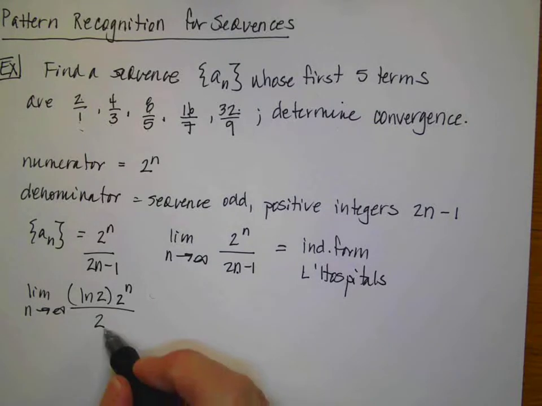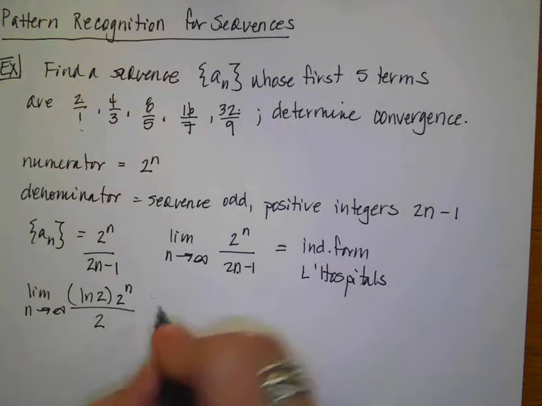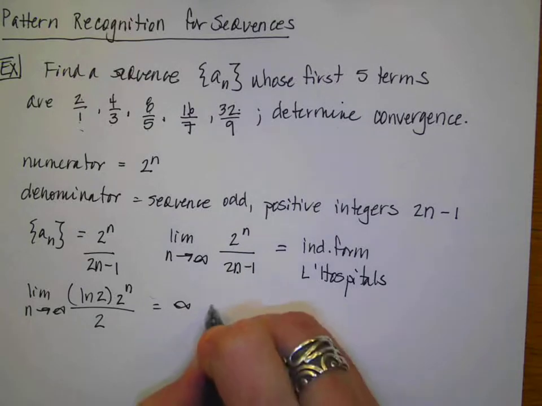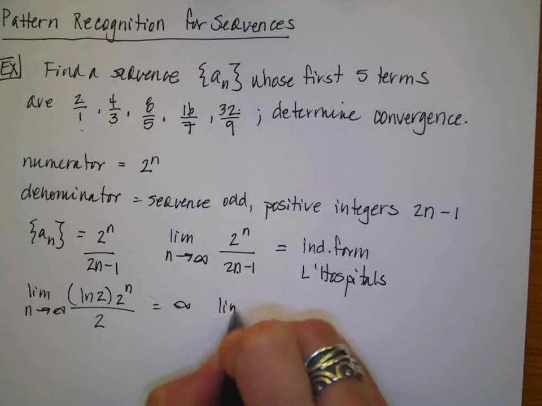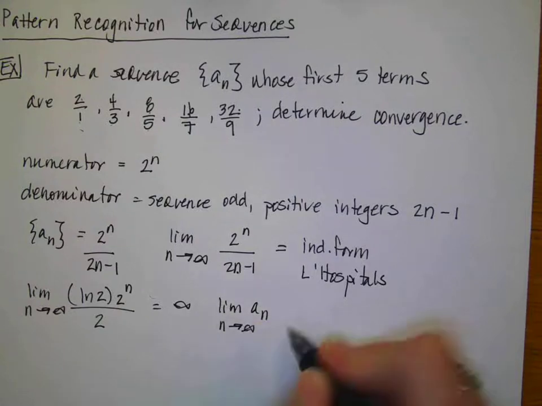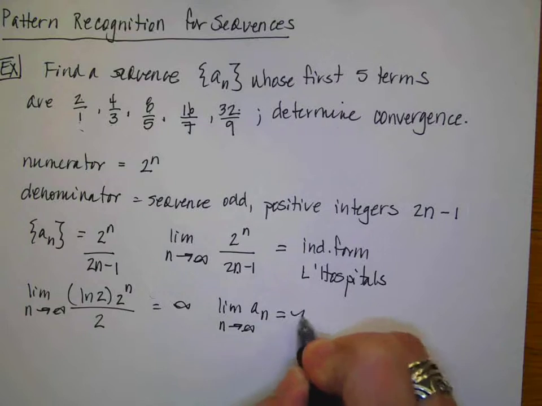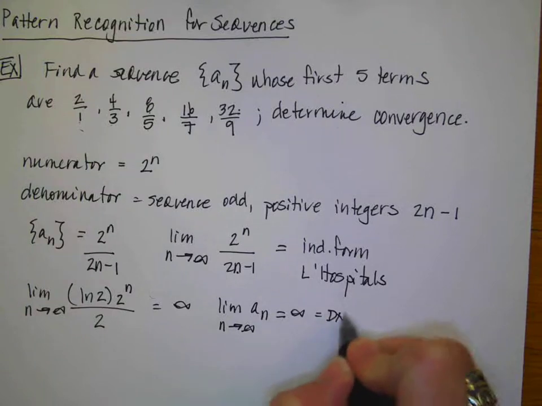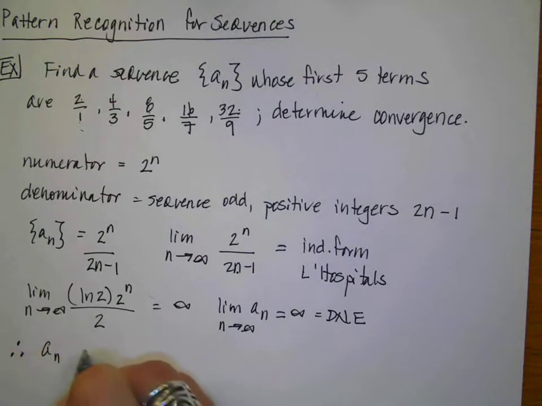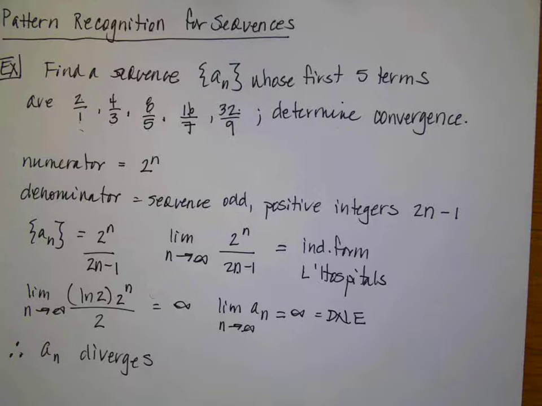Okay, so the limit now, I've gotten rid of the indeterminate form, is still going to approach infinity, and so we're going to say, therefore, the limit of a sub n as n approaches infinity is going to equal infinity, which means that the limit doesn't exist. Therefore, a sub n diverges. Okay, so that was pretty easy.